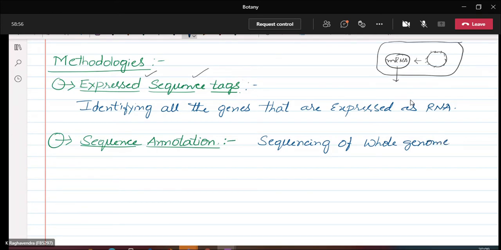Not only the expressed sequence tags, here the whole genome is taken into consideration and it is annotated. Annotated means identifying the sequence and assigning functions.